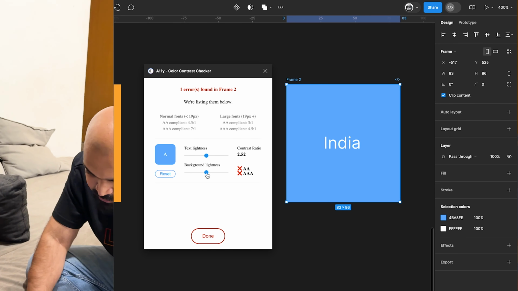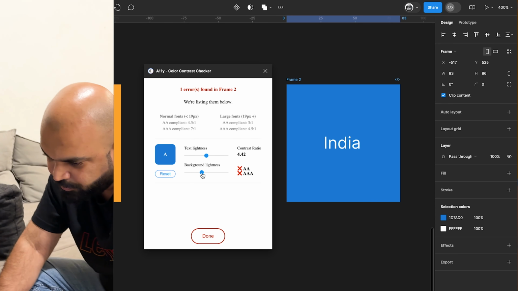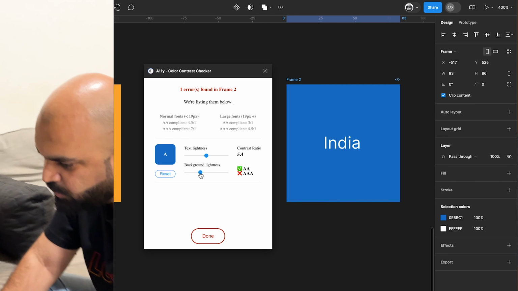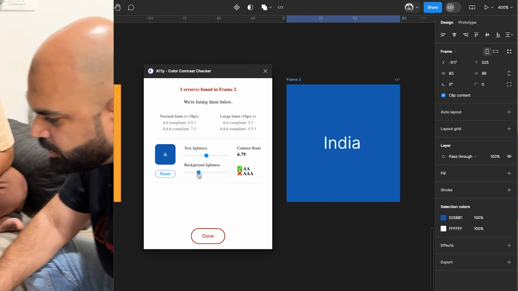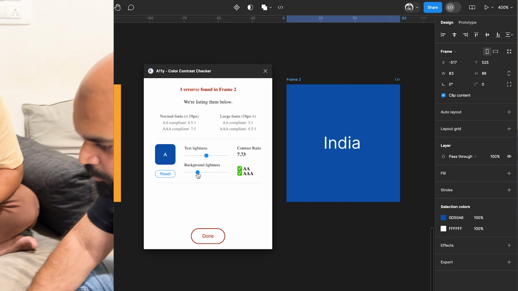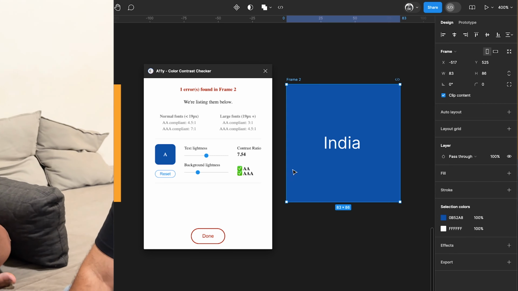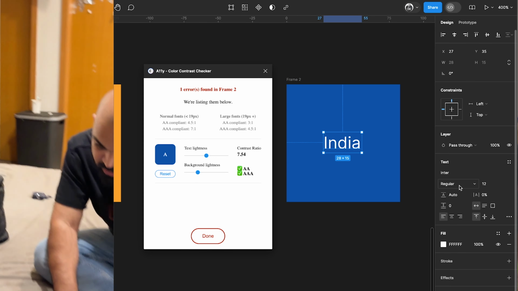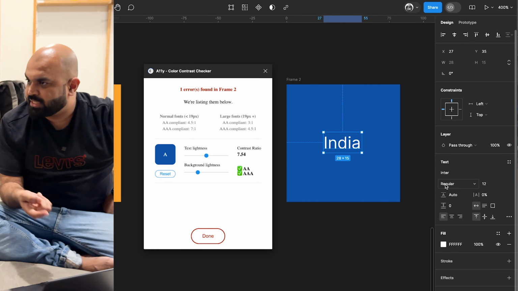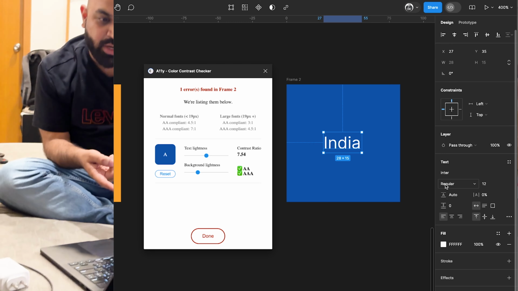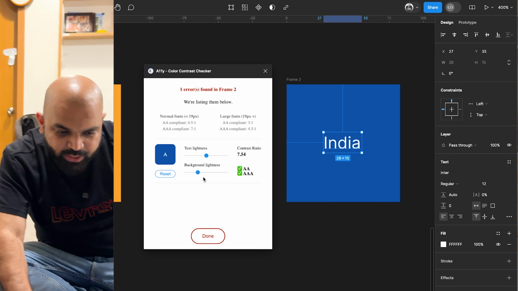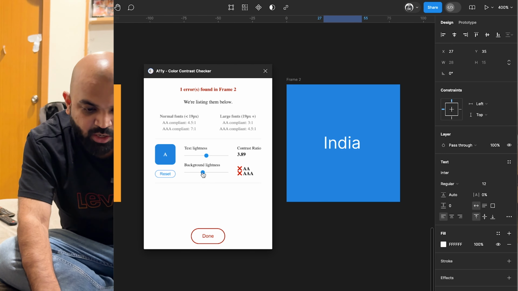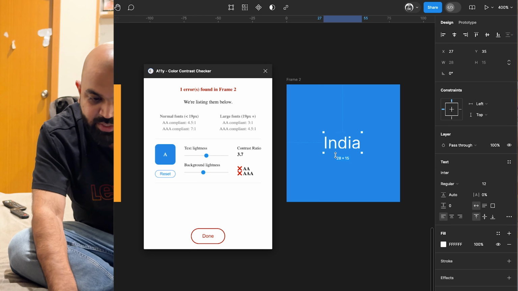So what we will do is, we'll decrease the background lightness, and as we decrease the lightness, the text is becoming more and more visible. Also, it depends on the size of the text as well. So again, it's not just about the contrast ratio check. If you just purely look at the contrast ratio, this is 3.7.